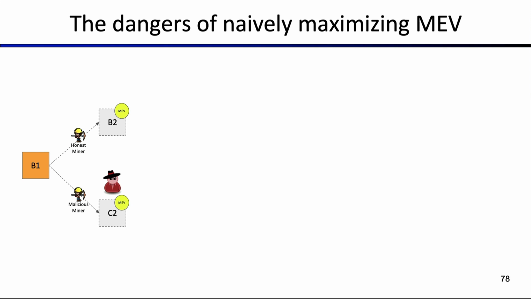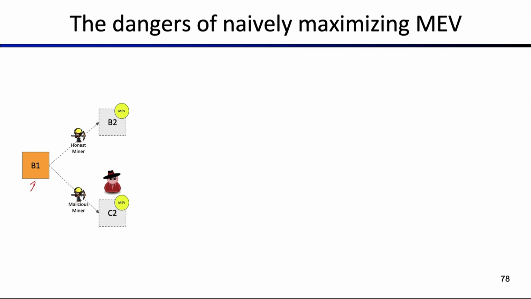So the dangers of naively maximizing MEV, or basically extracting MEV, are the following. Let's assume we have a block B1, a particular block, and let's assume that there's an honest miner who mines block B2, and there's an MEV opportunity in this very block.